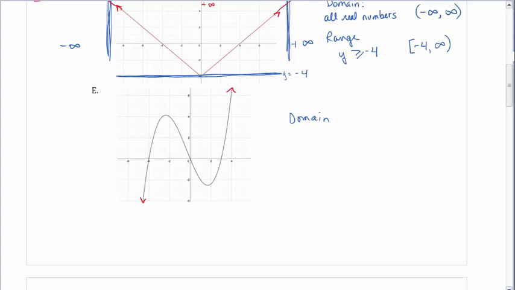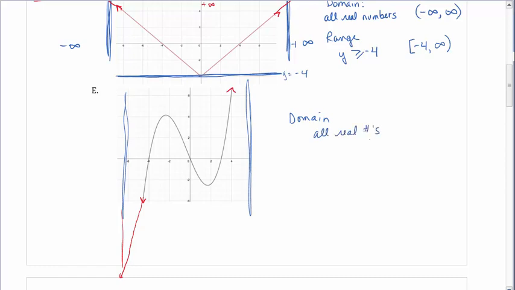And the answer here is no. Even if I tried to put up a wall, say over here and over here, the idea is that this graph is going to eventually go open, open, open, and eventually pass through this wall. And similarly here on the right. So the domain in this problem is going to be all real numbers, or negative infinity to infinity if you want interval notation.